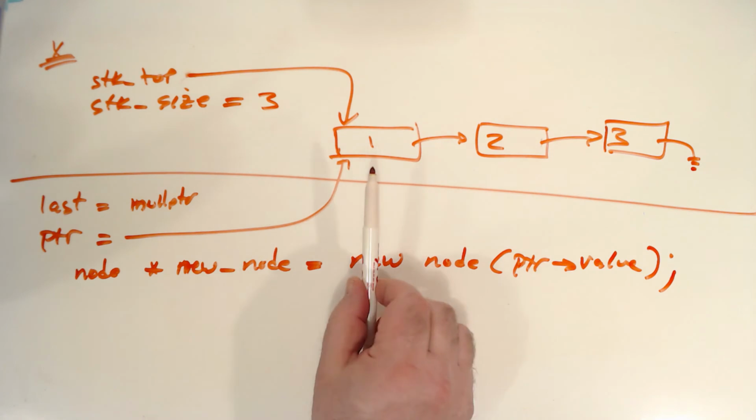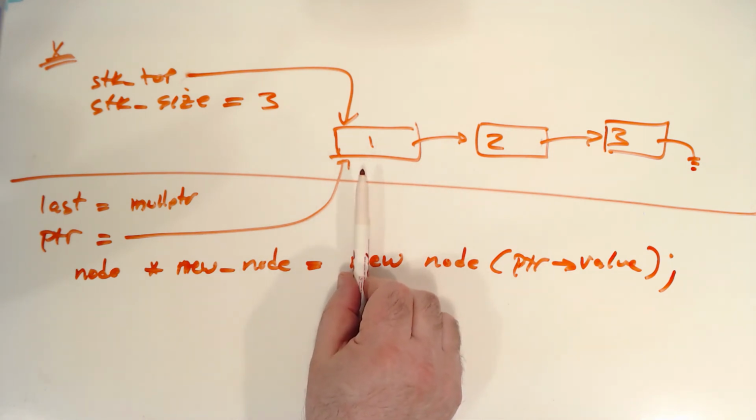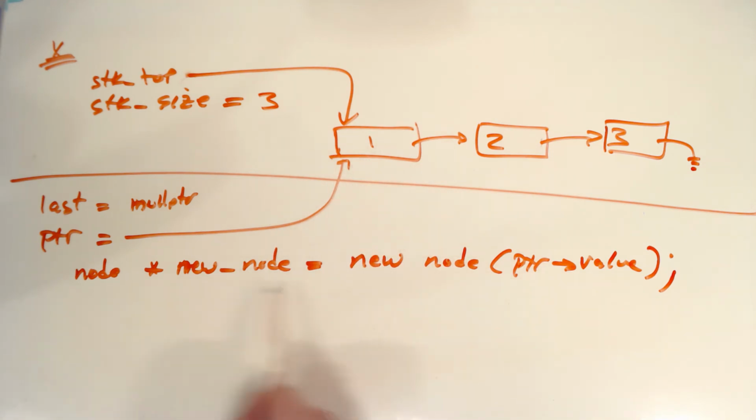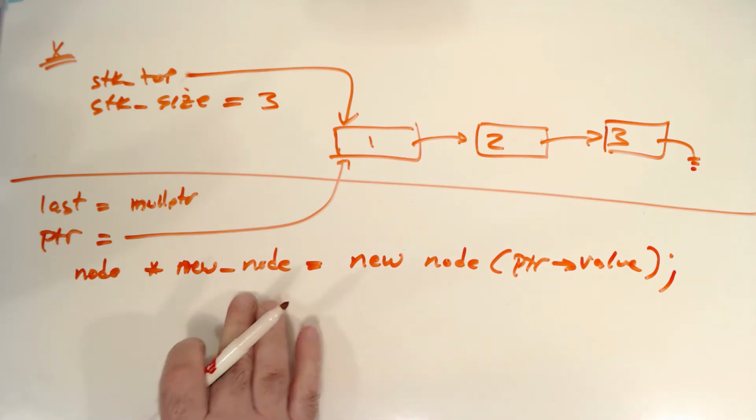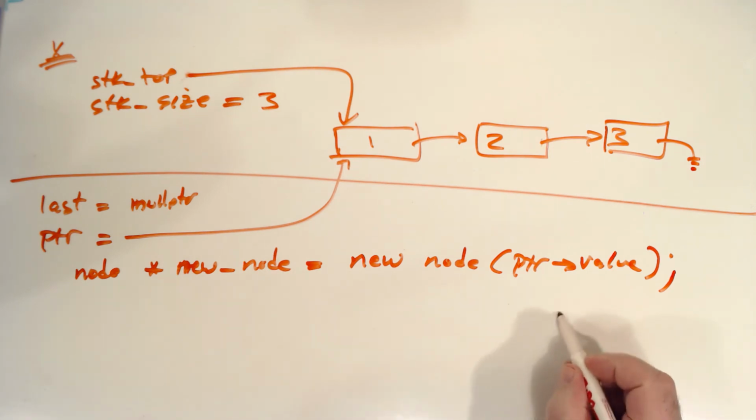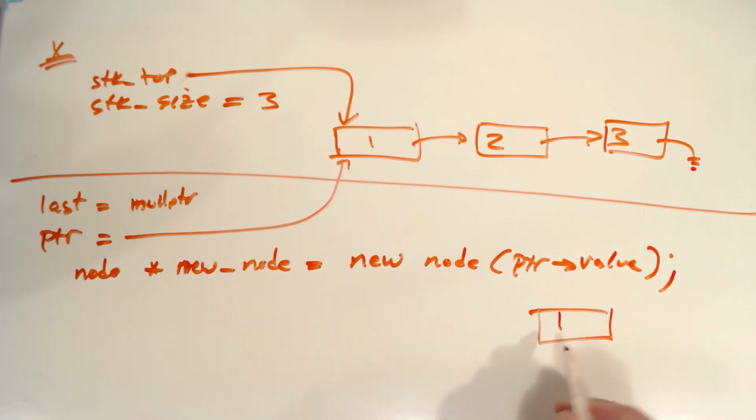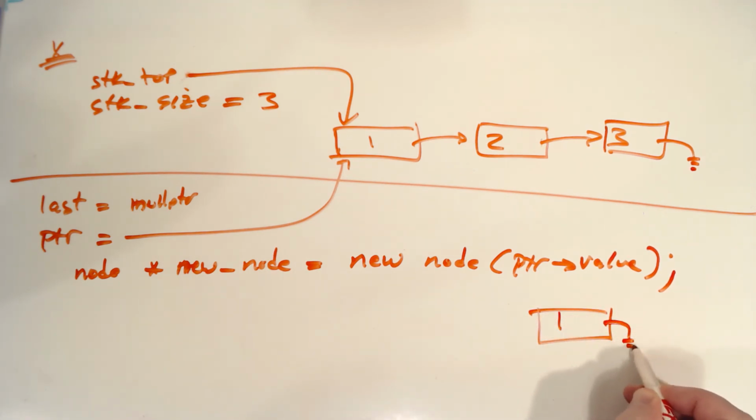Remember, I've replicated the first node in this list in the target. This is in the target of the copy here. And I don't yet have the second node copied in the destination, the target of the copy that's taking place. So my new node will simply be a new node that is a 1 in it. And because I didn't specify, the default constructor puts the next pointer to null. So it'll create a node that looks like this. And new node will be pointing at it.